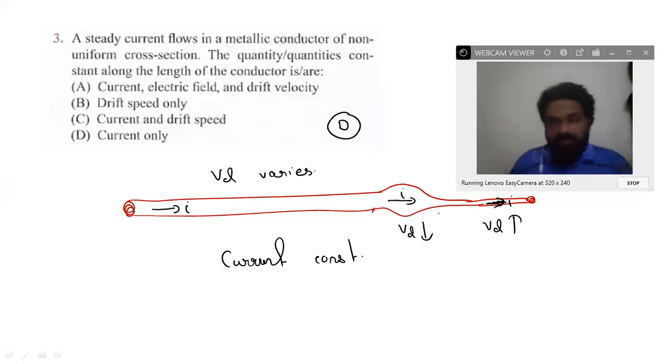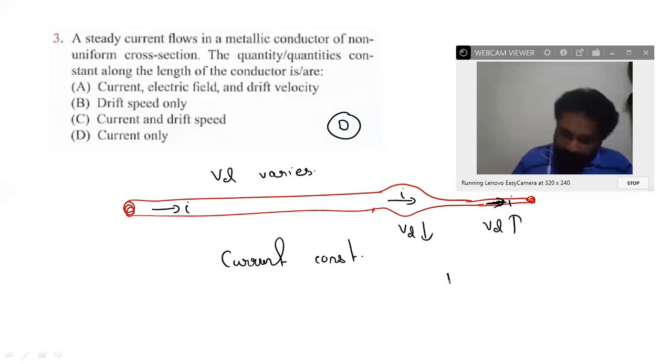Just like the rate of flow in fluids, we have studied fluid mechanics, mechanical properties of fluids, in plus one. There we know the volume of water flowing per unit time will be constant throughout, but velocity will vary. Same way here current will be constant, but drift velocity will vary. Electric field also will vary.